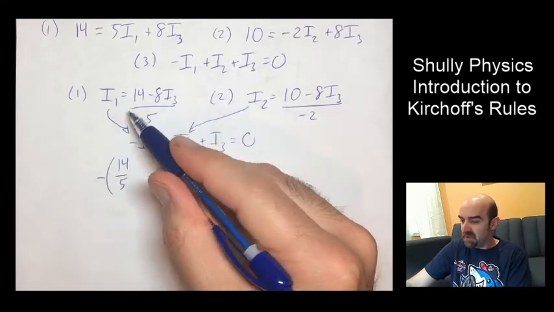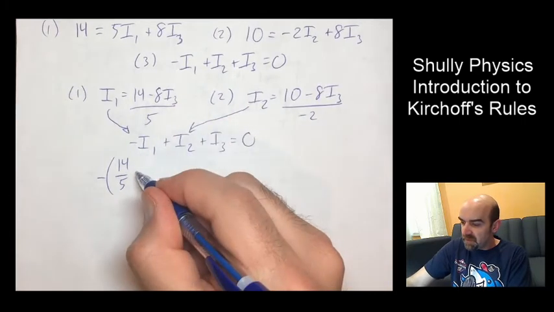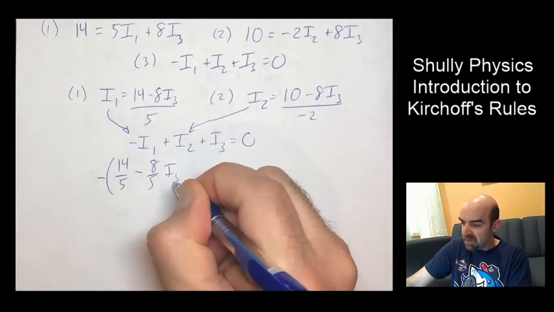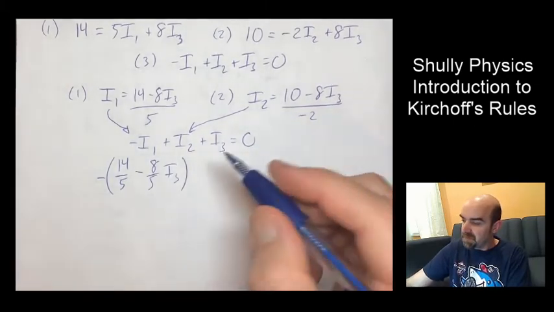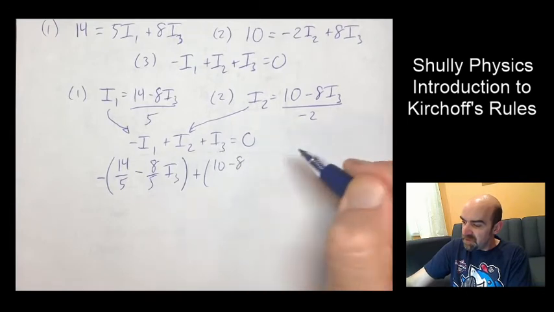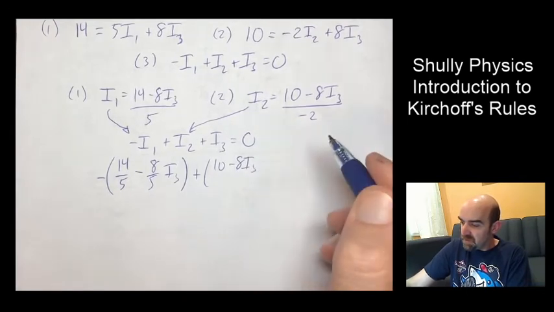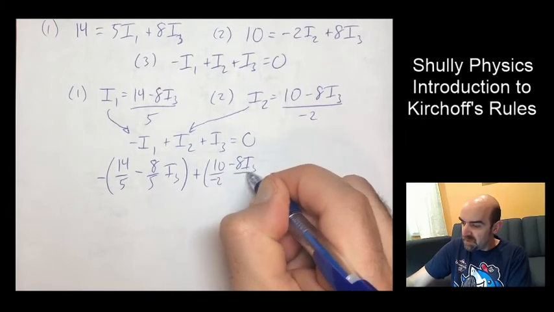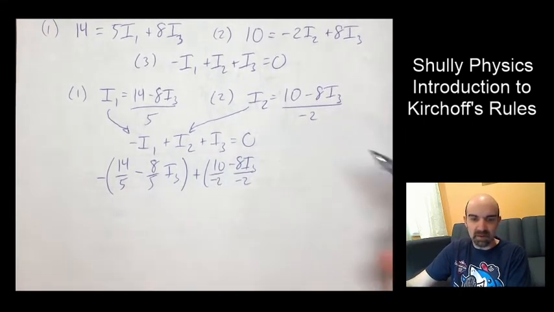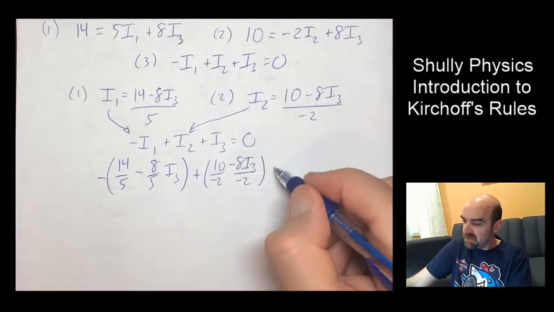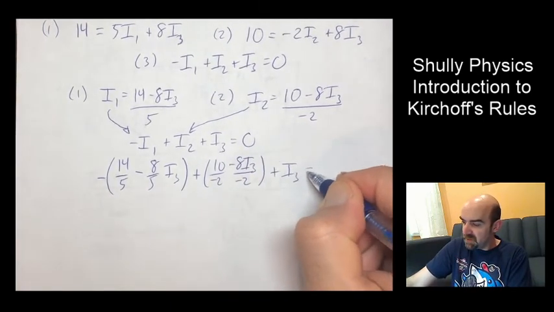So negative 14 over 5 minus 8/5 I3 plus 10 minus 8 I3. We do have a negative 2 over here, so go ahead and keep that the same to make it look like I'm doing the same thing here. Plus another I3 equals 0.